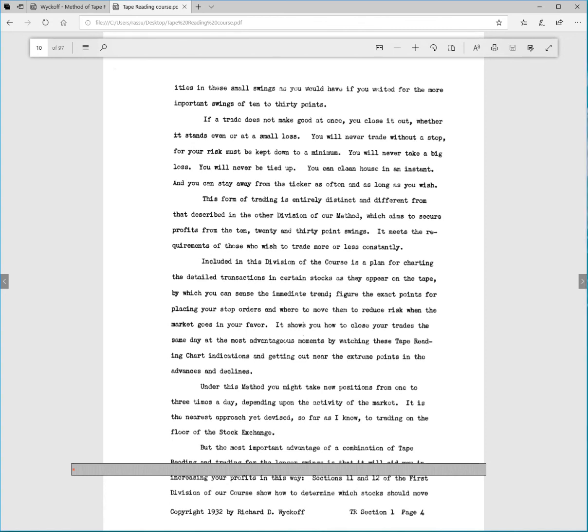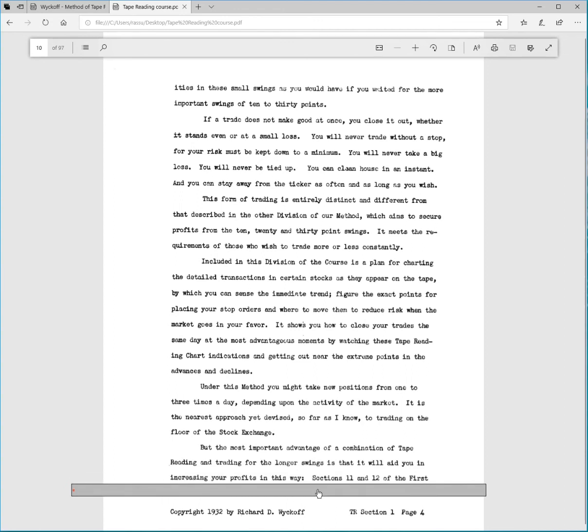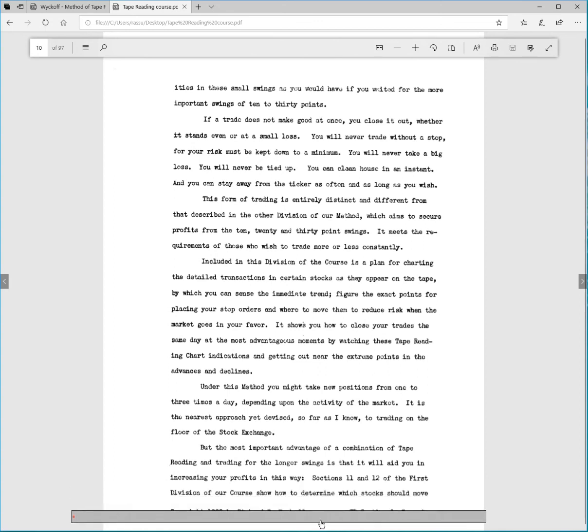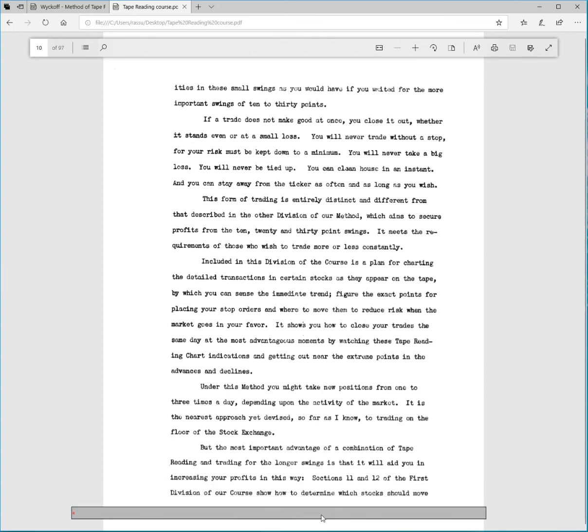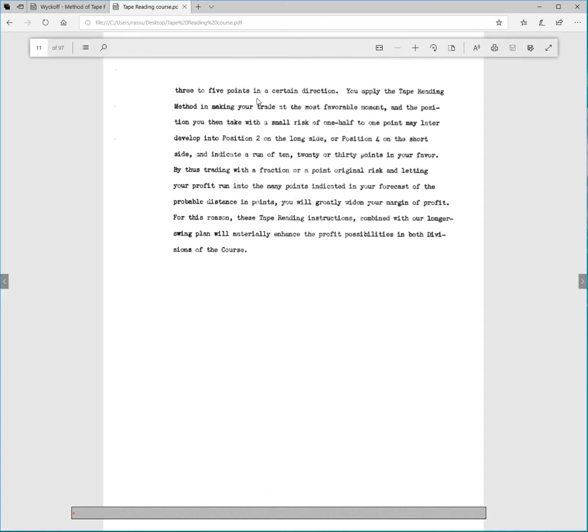The most important advantage of a combination of the tape reading and trading for the long swings is that it will aid you in increasing your profits in this way. Section 1112 of the first division of our courses show how to determine which stocks should move 3 to 5 points in a certain direction.